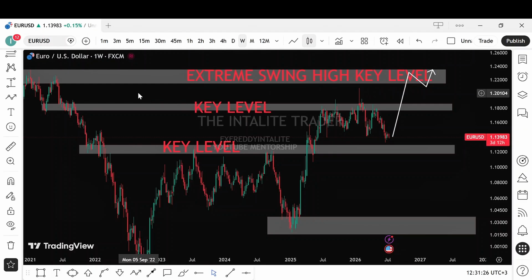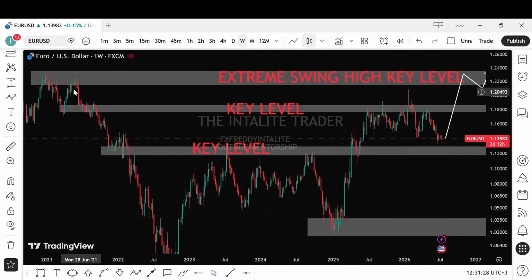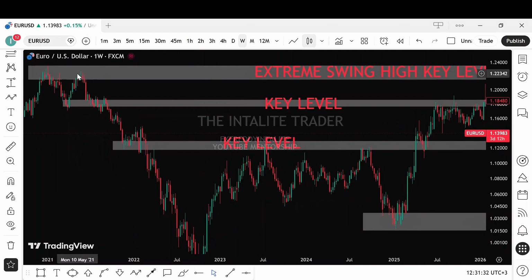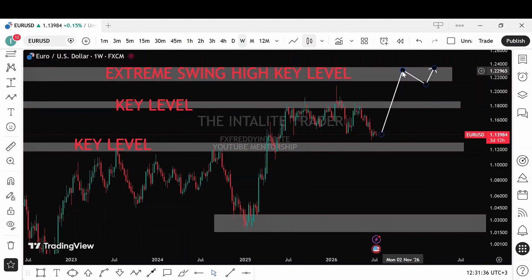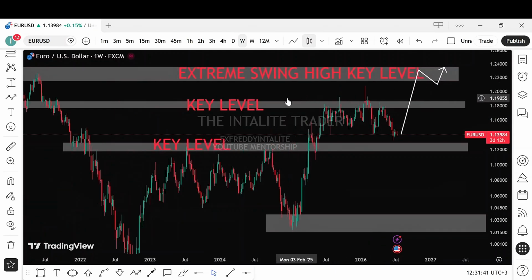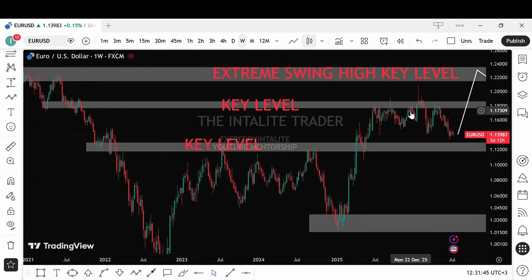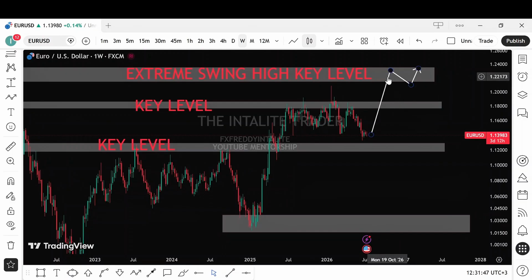And then we shall see new sellers step in, because there is history in the past, price sold here. So again, when price comes into the same level, you will see the same institutions, the same buyers and the same sellers do the same thing. So this becomes our extreme swing high key level.